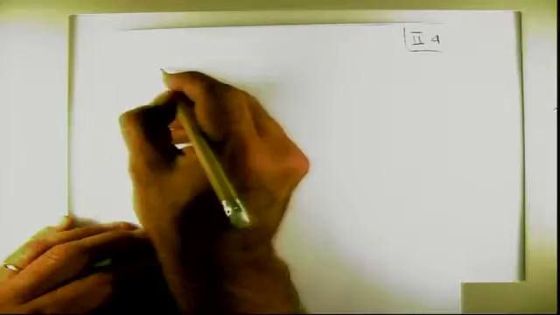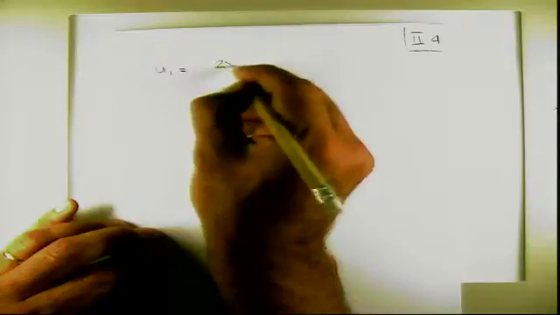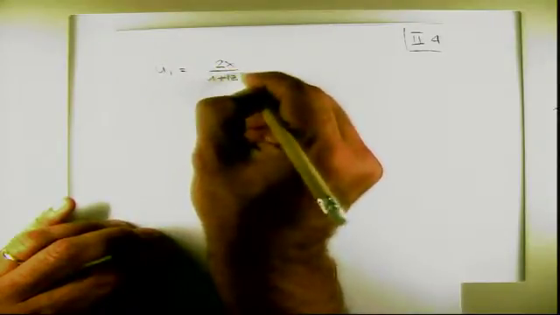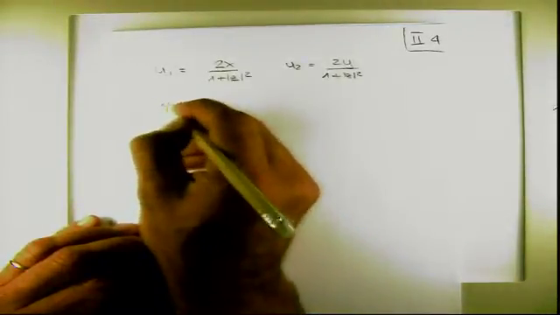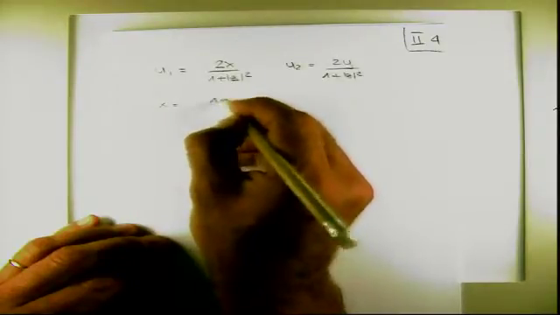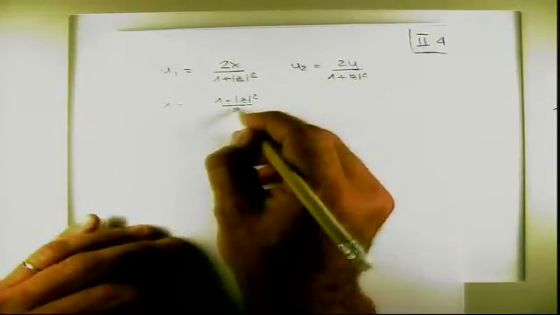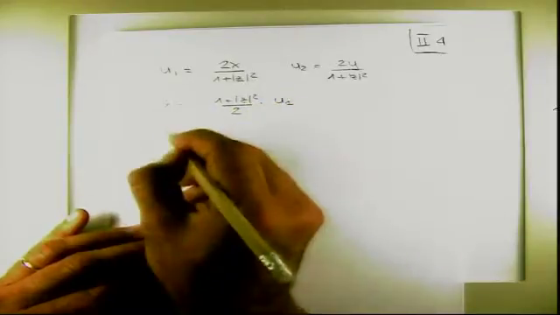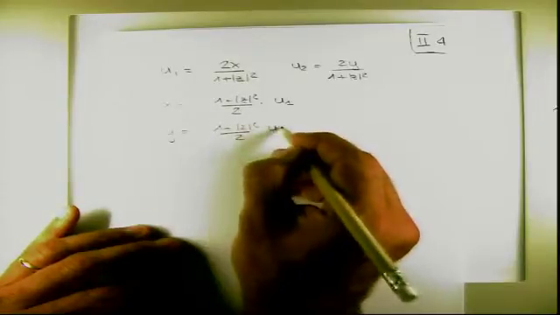Remember that u1, the first component of capital Z, was 2x over 1 plus modulus of z squared, and u2 was 2y over 1 plus modulus of z squared, right? So that x is 1 plus modulus of z squared over 2 times u1, and y is 1 plus modulus of z squared over 2 times u2.